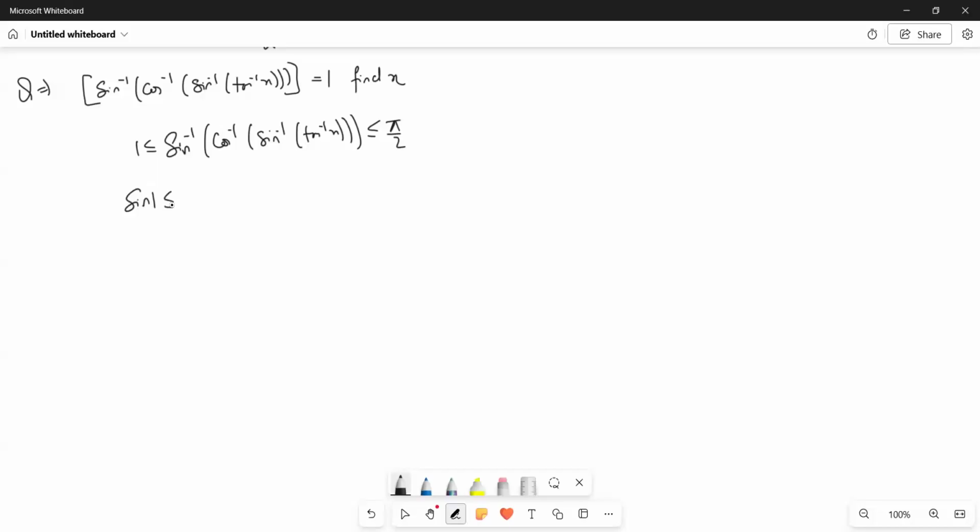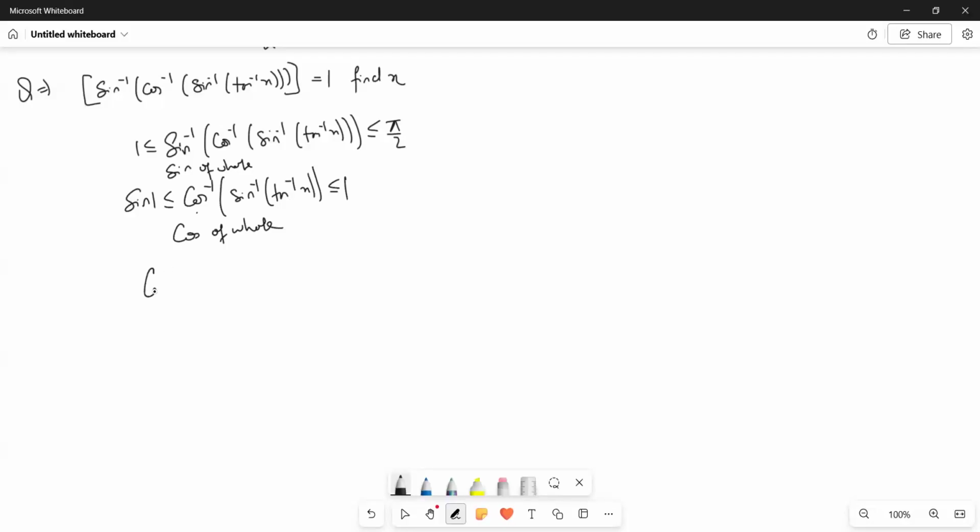So sine 1 is less than cos inverse of sine inverse of tan inverse x is less than equal to 1. अब नेक्स्ट में यहाँ पे cos इनवर्स है तो we take cos of whole, पर cos के टाइम पे the inequality will flip.